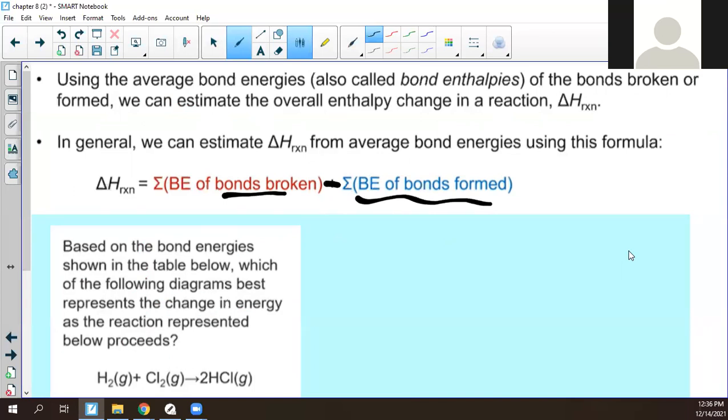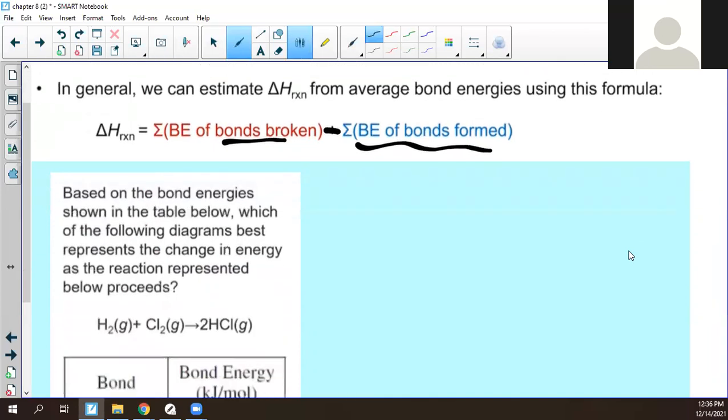Just trust me. It's broken minus formed. So it's the sum of bonds broken minus the sum of bonds formed. I stole this from the video, and I know why it says that, but I'm going to ignore it.